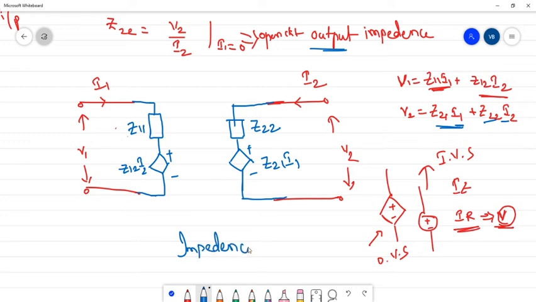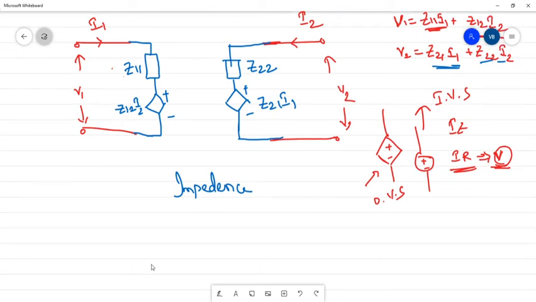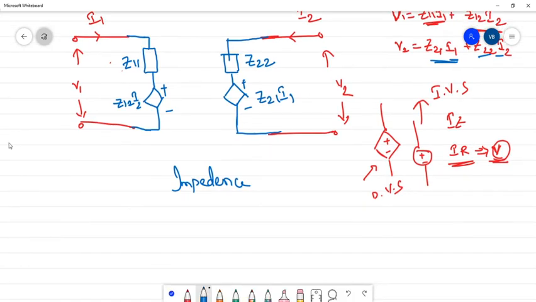Impedance parameters. Now you observe, we can cross-check this also. First you write the equation for this loop. If you write the equation in this loop, then what will it become? That is KVL. If you write KVL, V1 is positive here and negative here.